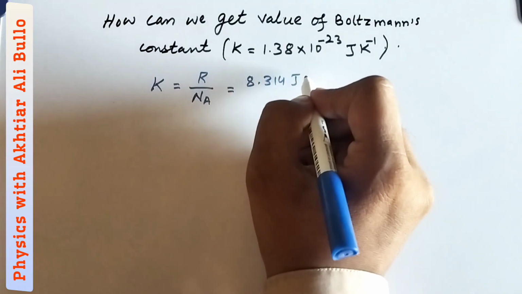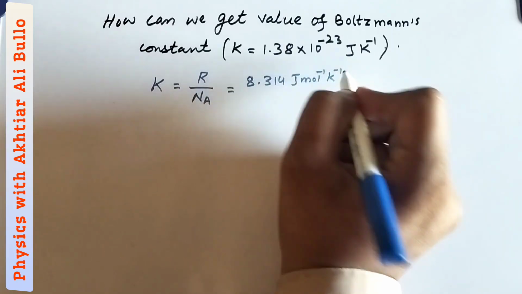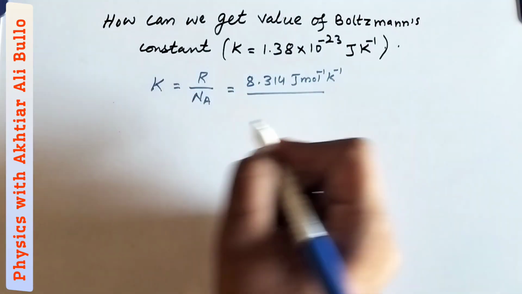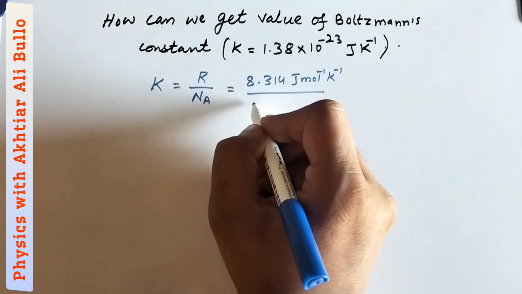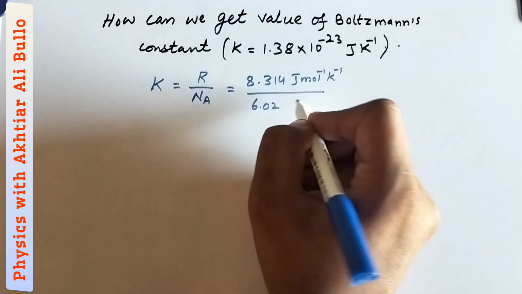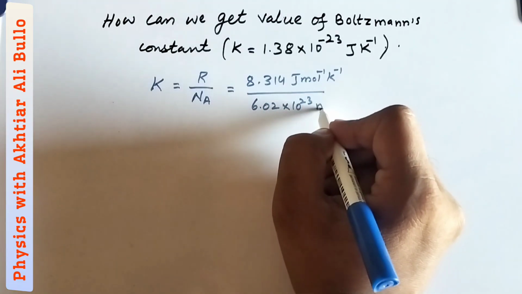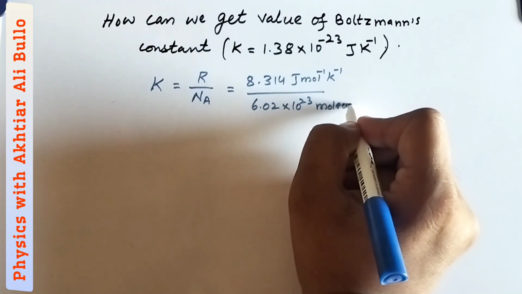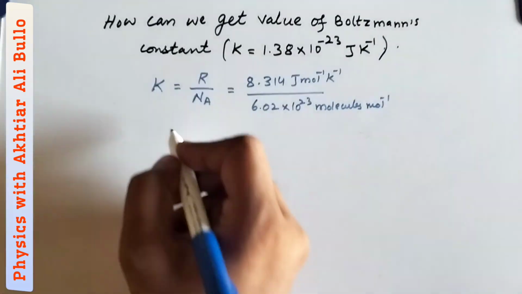8.314 joule per mole per Kelvin, divided by the value of Avogadro number, which is also constant, 6.02 into 10 raised to the power 23 molecules per mole.